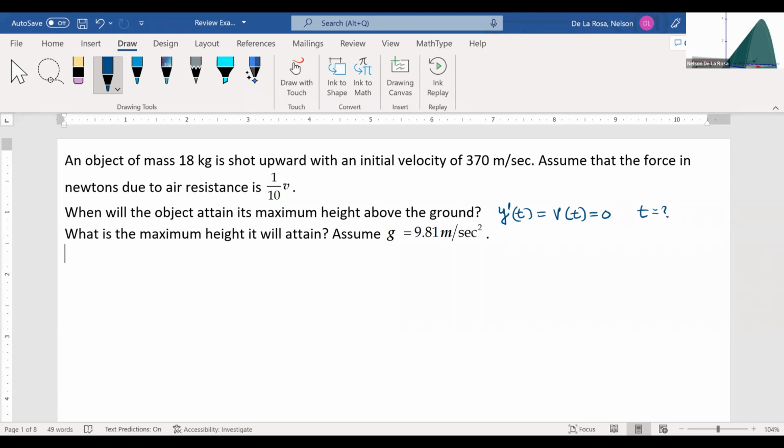So we need to set up a differential equation and an initial condition so that we can solve this initial value problem.